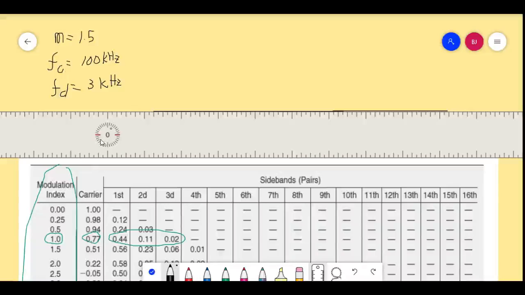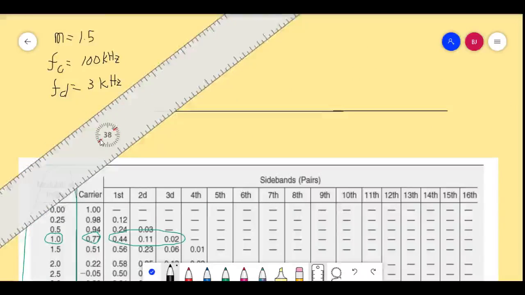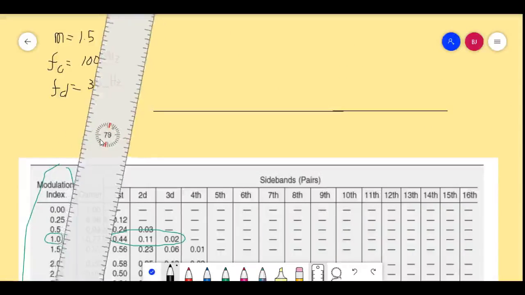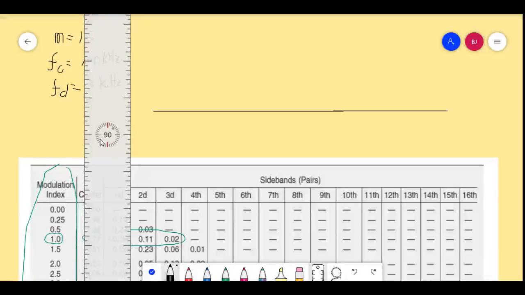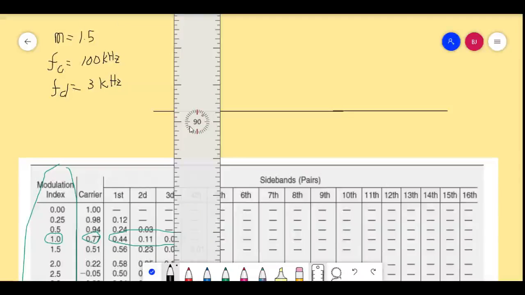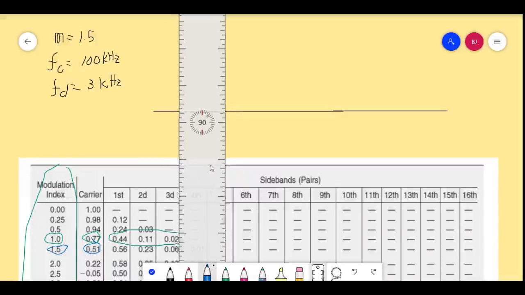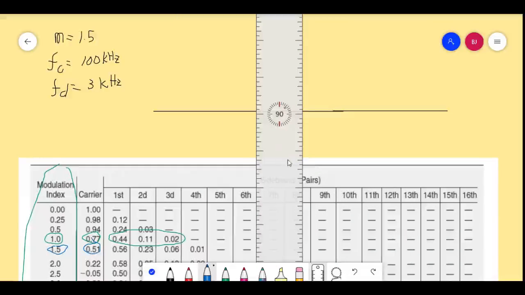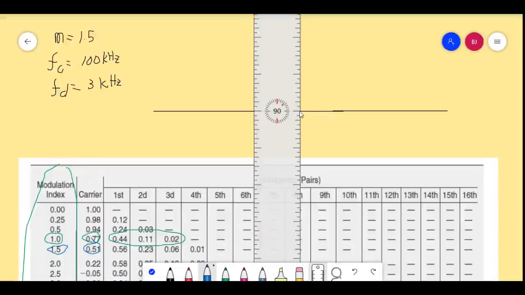And as always, we use a vertical line to represent our carrier frequency. So in this case, for the modulation index 1.5 written here, the carrier is 0.51. So we start with 0.51 here. It's up to you how to do that estimate.